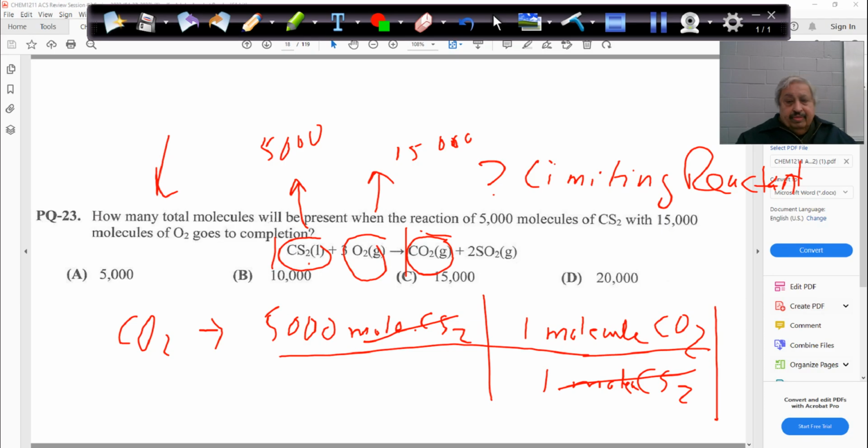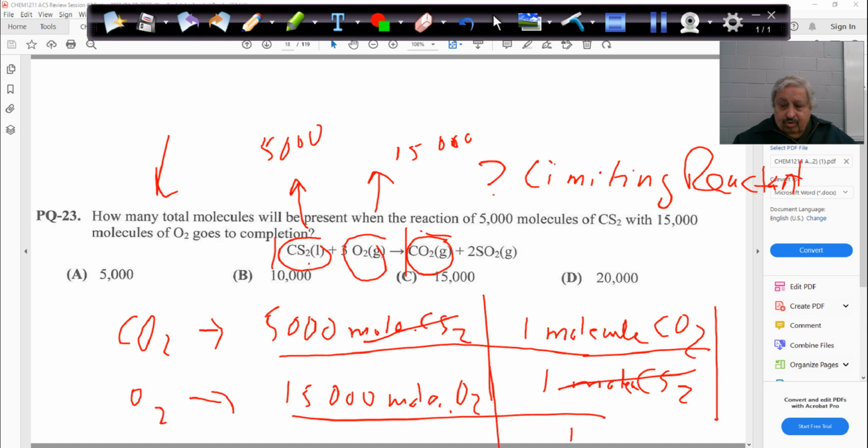Okay, guys? So now if you take the oxygen here for the CO2, you get 15,000 molecules of O2 over one CO2 is one molecule.